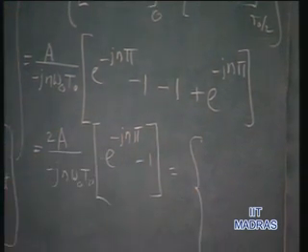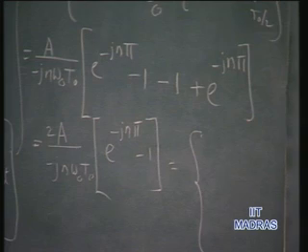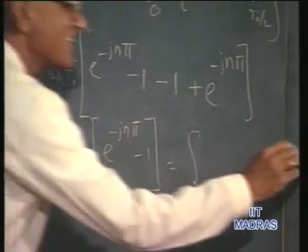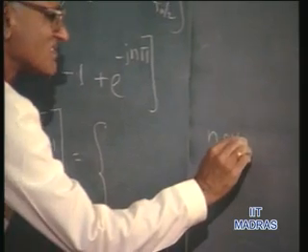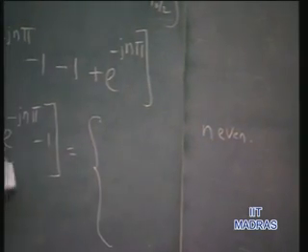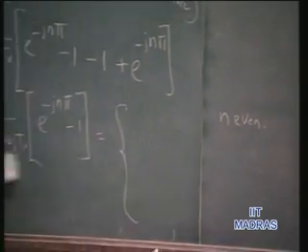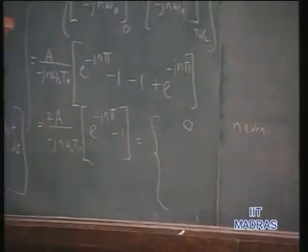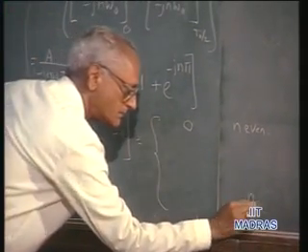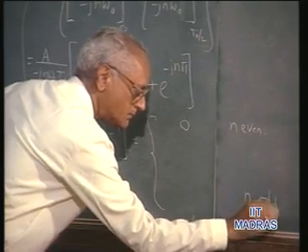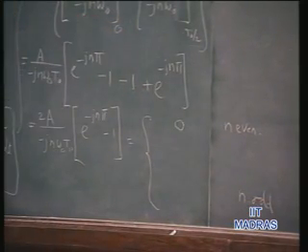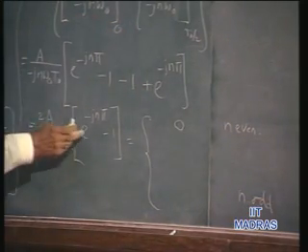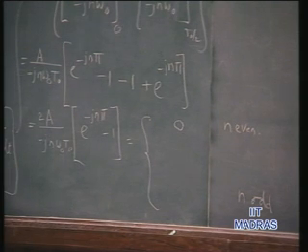And e to the power of minus jn pi is either plus 1 or minus 1 depending upon the value of n. Therefore if n is even, this becomes 1, therefore this leads to 0, 1 minus 1. If n is odd, then e to the power of the angle is an odd multiple of pi, therefore this is minus 1.